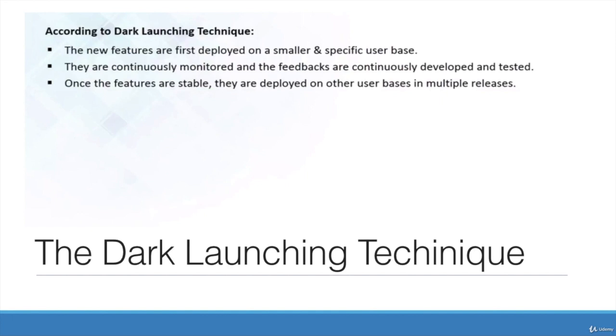According to the dark launching technique, they basically divided it into three parts. In the first part, new features are first deployed on a smaller and specific user base. So instead of the complete user base, if we are introducing a new feature in our application, we will open that particular feature for a specific or smaller group, which Google also did with Google Chat.